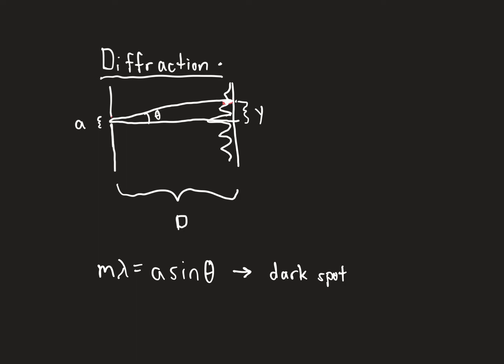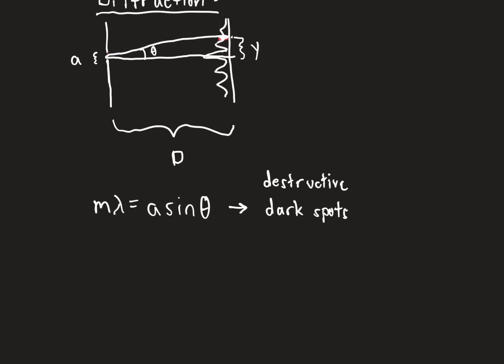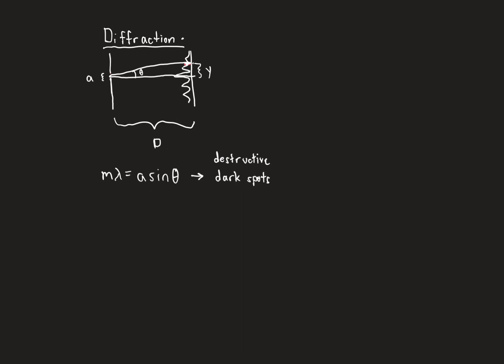This is destructive interference. And m, in this case, doesn't start at 0. It's positive or negative 1, positive or negative 2, so on and so forth.